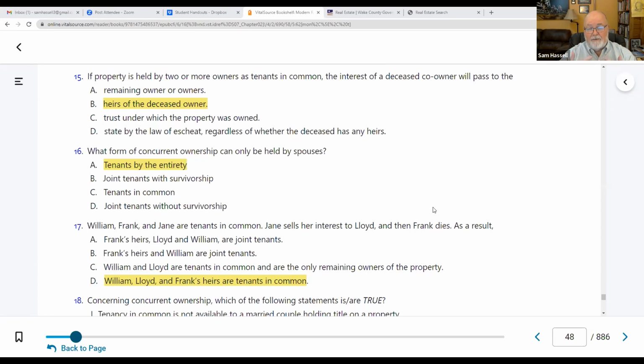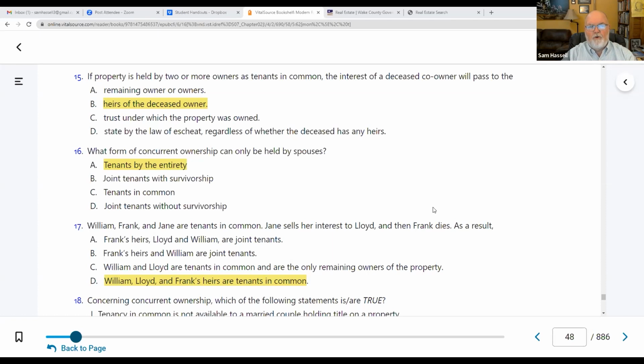You may not transfer by will under joint tenants with rights of survivorship or tenancy by the entirety. Both have the rights of survivorship. They cannot be defeated by a will. Okay, joint tenants with rights of survivorship and tenancy by the entirety. They cannot be defeated by a will. They go to the other parties. Okay.